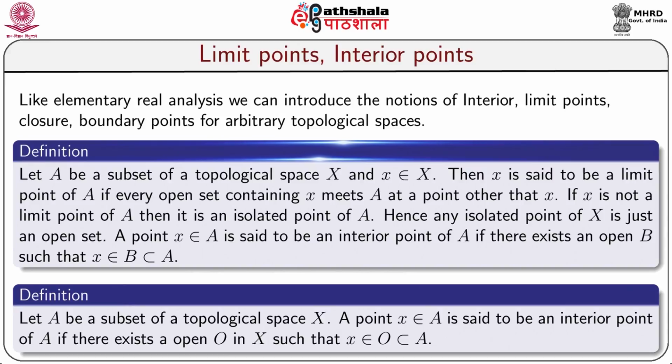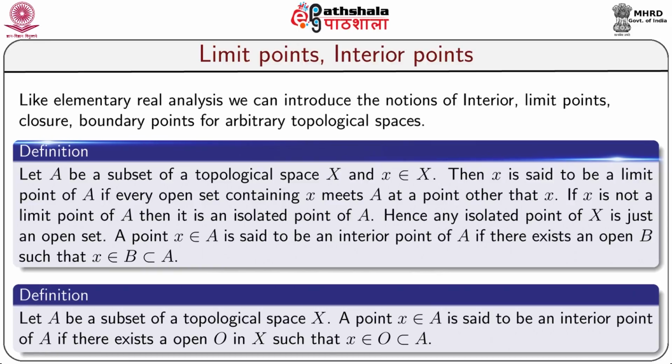For example, in the usual topological space R, every real number is a limit point of the set of rational numbers, and also of the set of irrational numbers. In an arbitrary topological space, a point which is not a limit point will be called an isolated point.